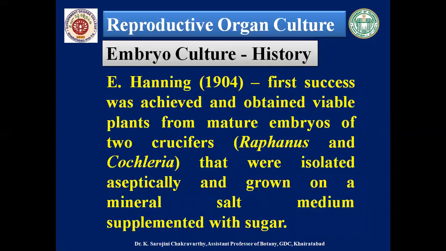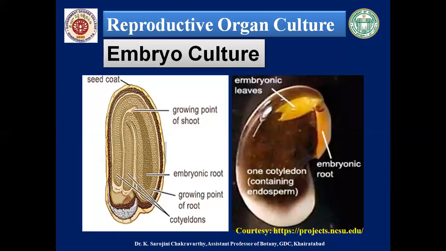We'll see a little bit of the history of embryo culture. Before that, we should know what this embryo is. In angiosperms, the embryo represents the beginning of the sporophyte. Normally the fertilized egg or zygote undergoes embryogenesis in the post-fertilization stage within the ovule, and thus an embryo is formed inside the seed.